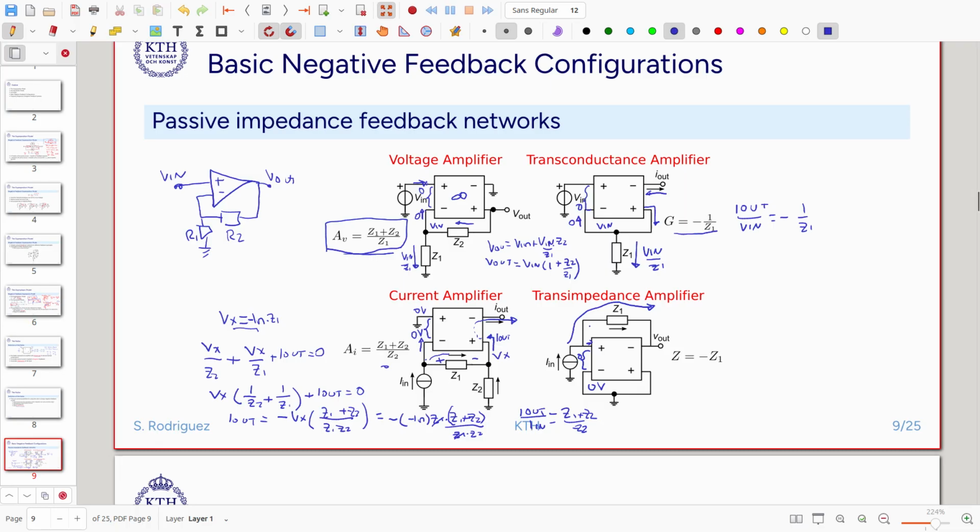That means that we calculate what it is, this V out is going to be minus E in times theta 1. V out divided by E in is going to be equal to minus theta 1. Okay, those are going to be the gains of the basic amplifying stages.